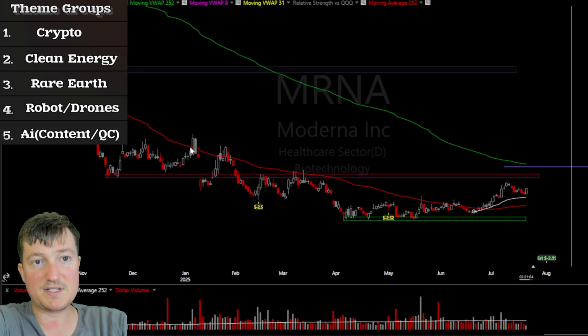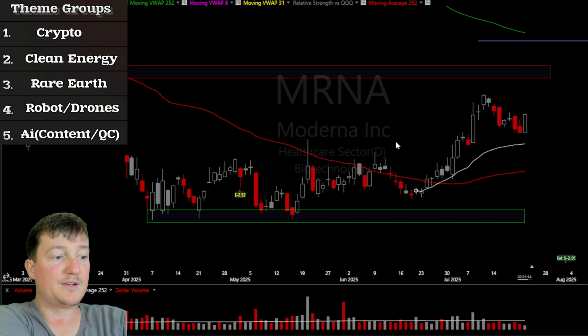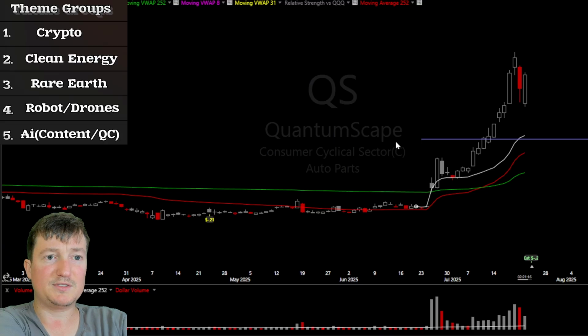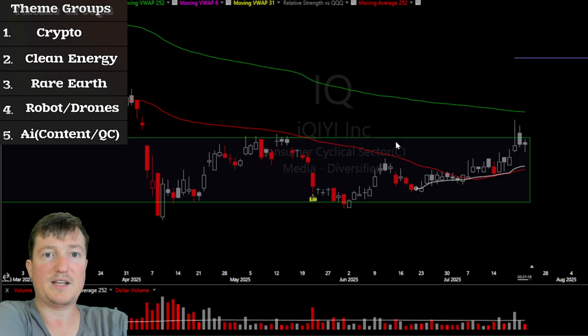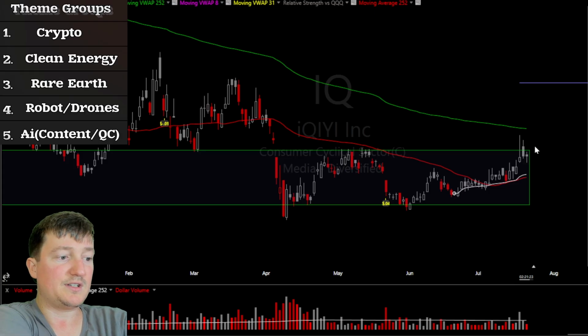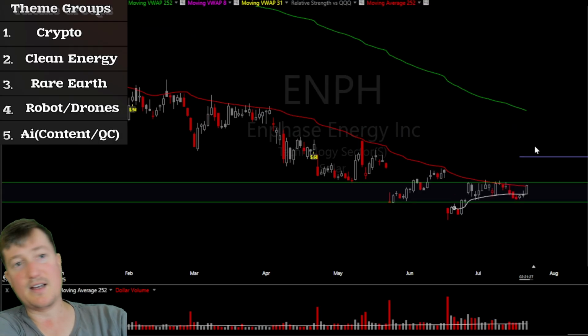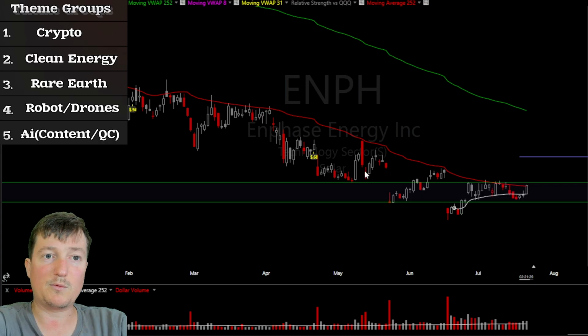When these things are downtrending, the quarterly moving average is pretty much the resistance the whole way down. And then once they crack the quarterly moving average, the next stop is for sure the 200. A lot of stocks are like that, or IQ is kind of like that. So once it breaks this quarterly moving average, it goes. So, EMPH, that's a stock that we're looking at.